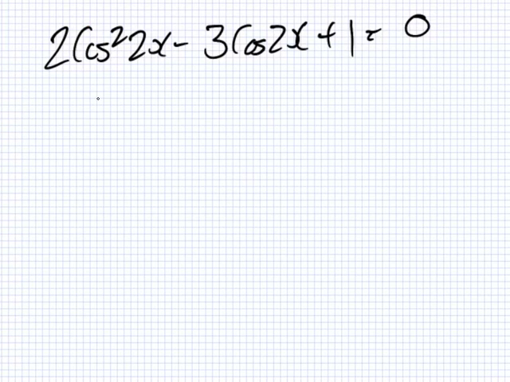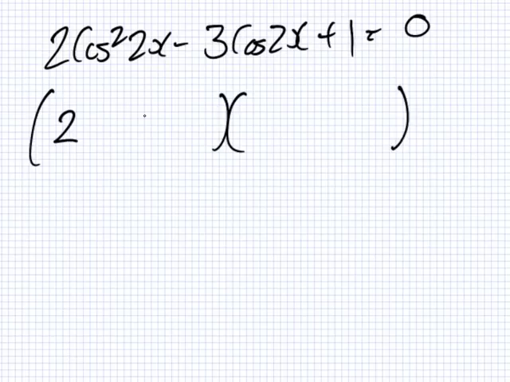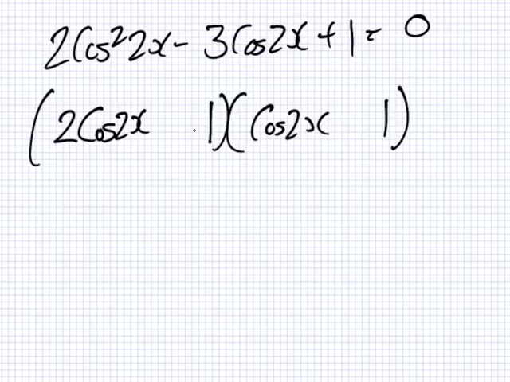So first we can factorize. You can use cos squared 2x as u, but life is short, let's skip that step. Right, we have 2 cos 2x minus 1, and cos 2x minus 1, equals 0.